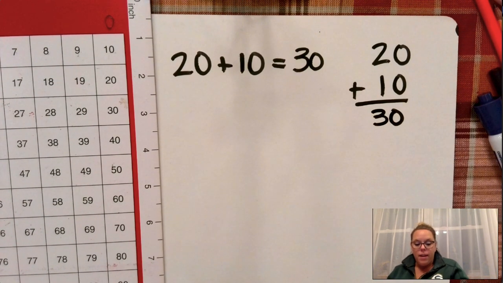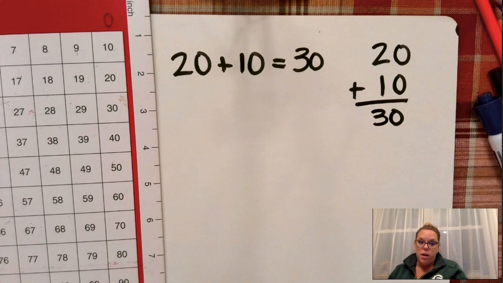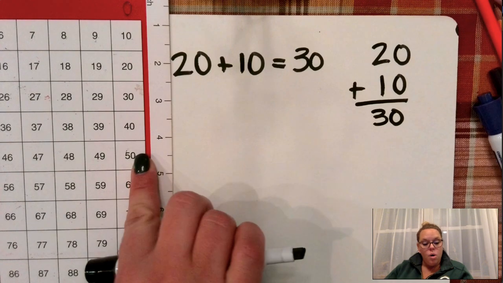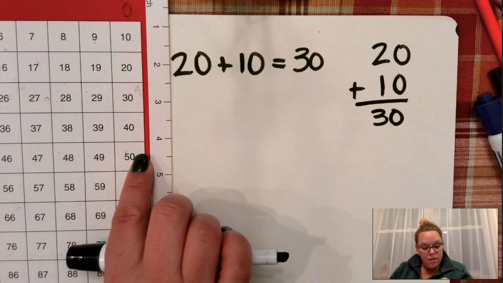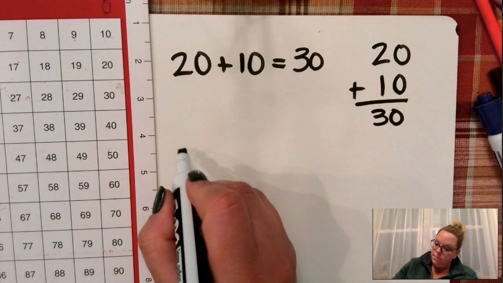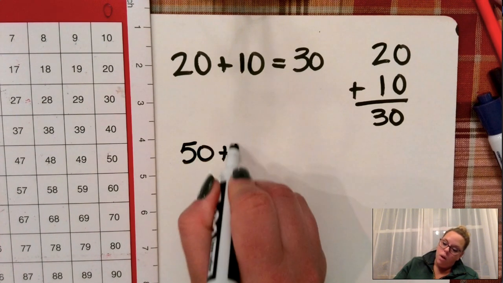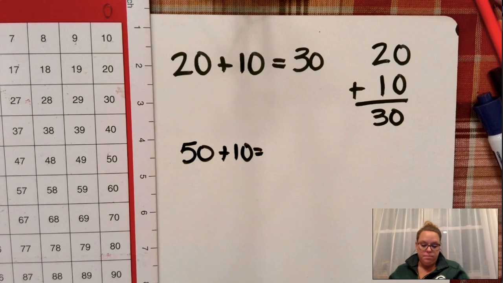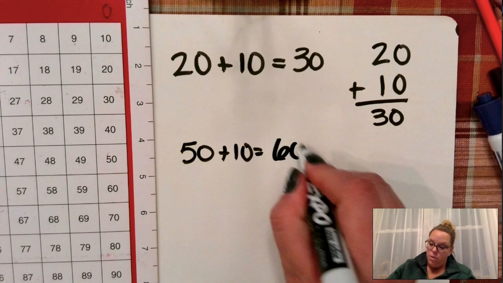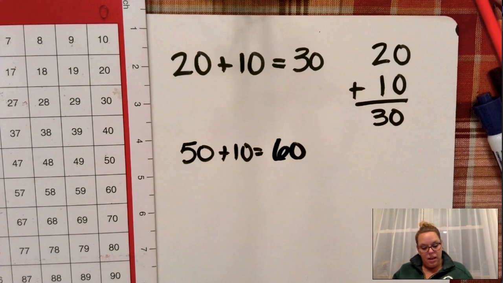Okay, go ahead and find 50 on your 100 numbers chart. Go ahead and find 50 and point to it. What is 10 more than 50? Yes, you are correct if you said 60.